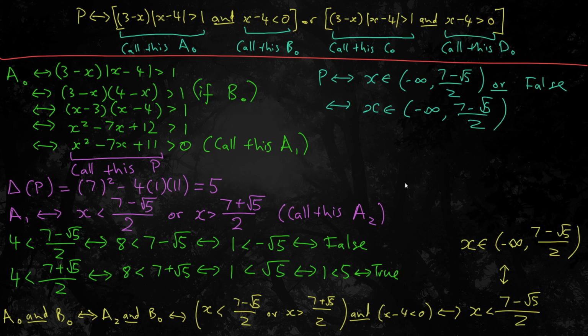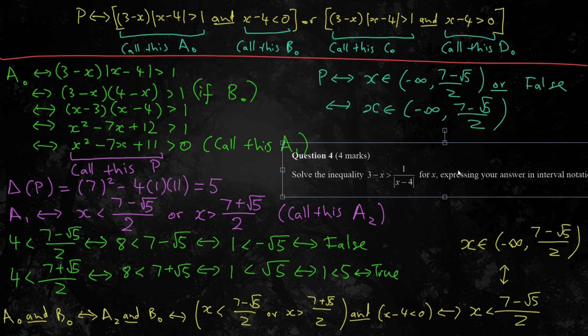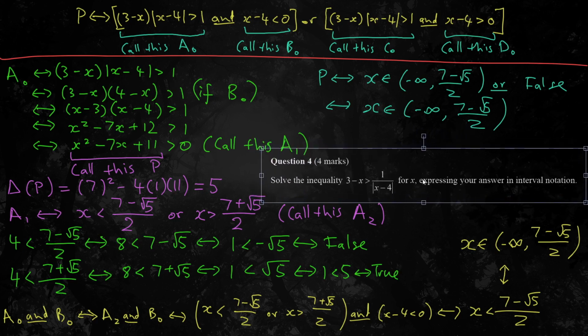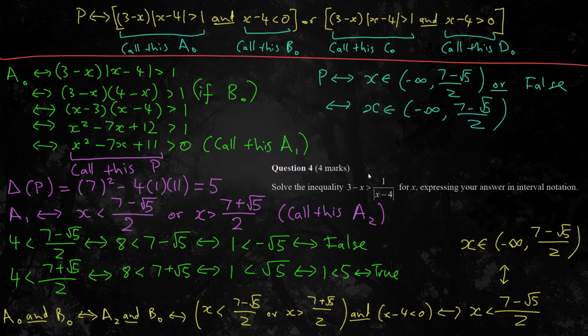So that's a rigorous solution to this original problem we were looking at. Just put it there. And so we conclude that this can be written using interval notation in this way. And that's the solution.